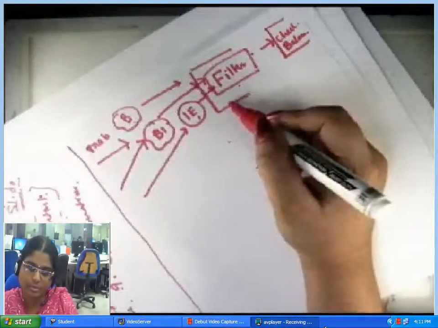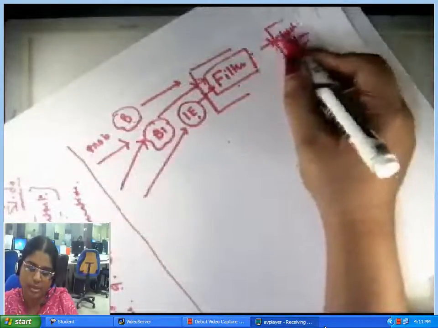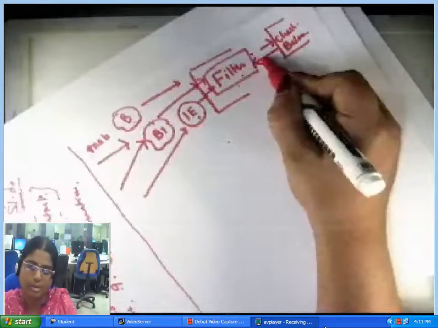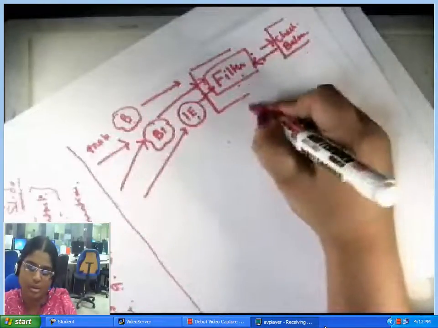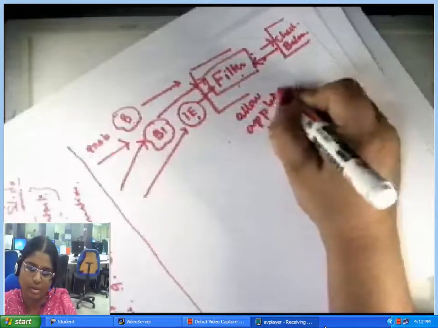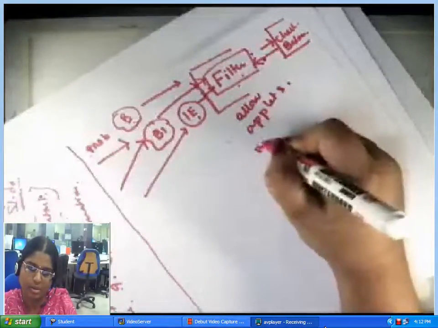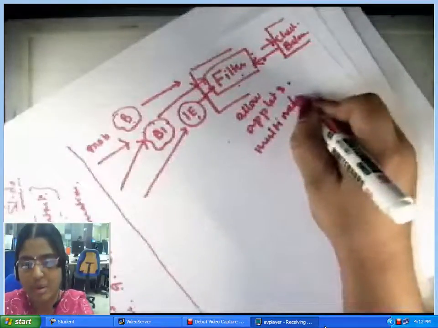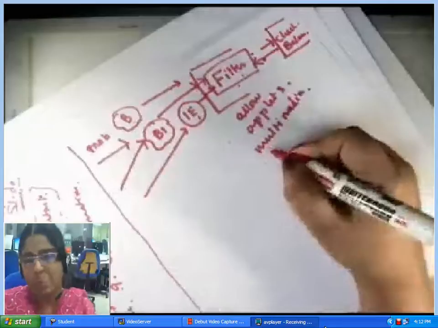Accordingly, we can decide that not only will the request be processed, but when the response comes, my filter will identify the response and maybe allow some applets with it. Maybe it will allow some multimedia content.